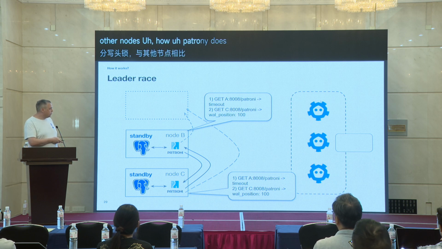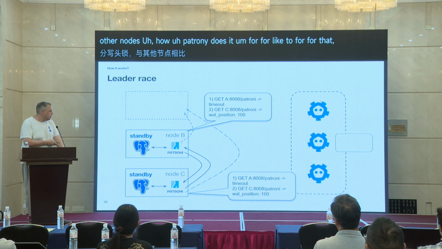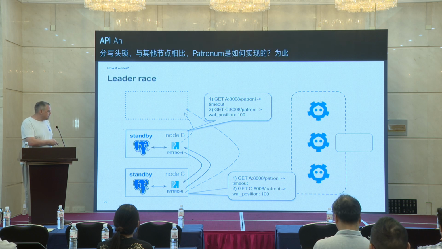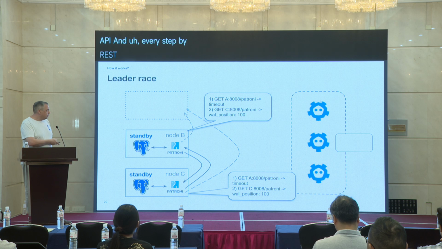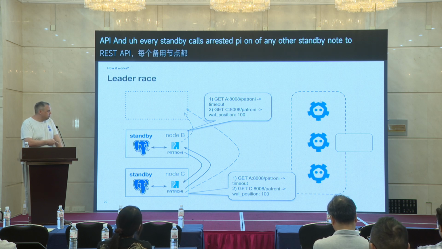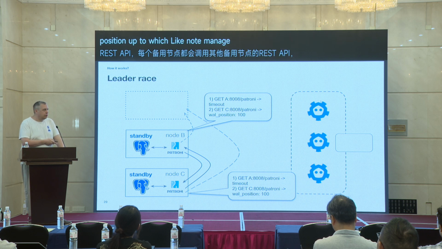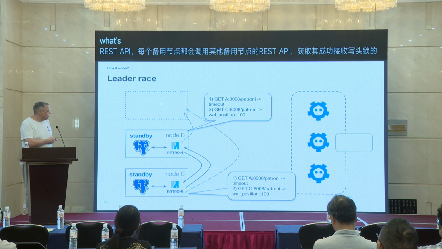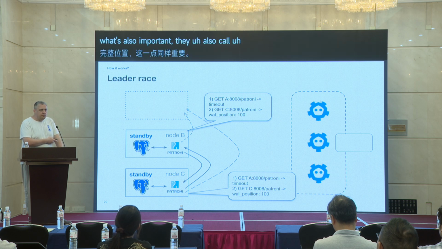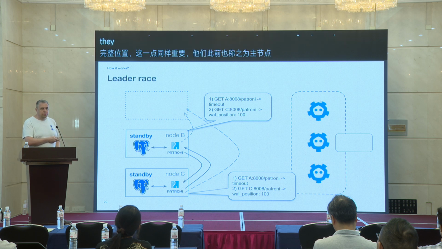For that, Patroni relies on its own REST API, and every standby calls the REST API of every other standby node to get the WAL position up to which the node managed to receive write ahead log. What's also important, they also call the previously known primary, because they really want to make sure that it's not responding to REST API requests.